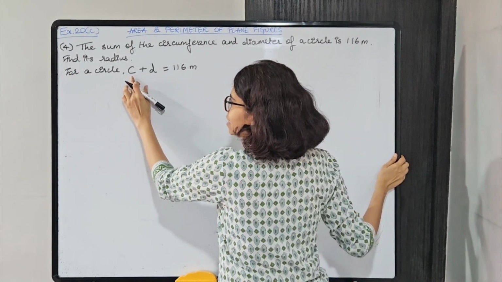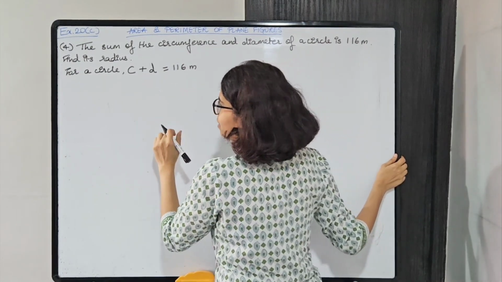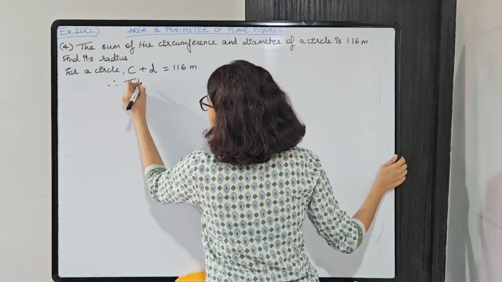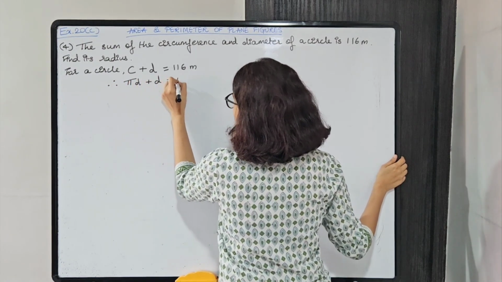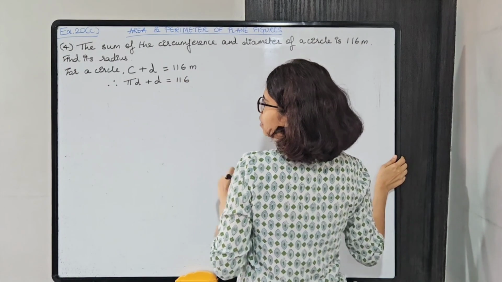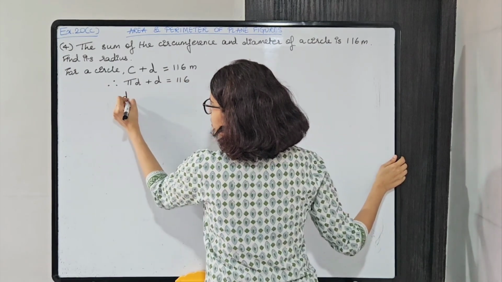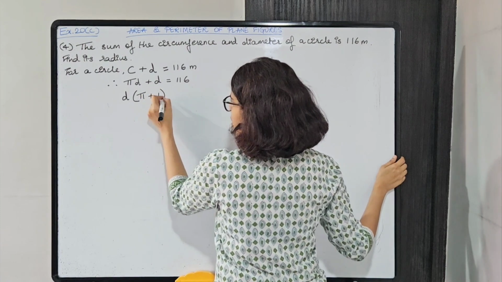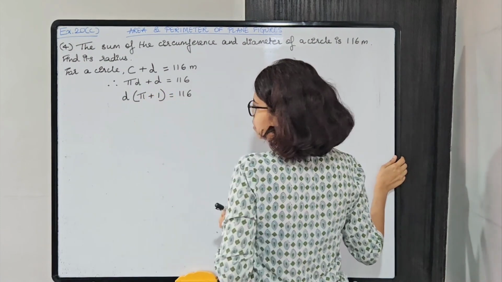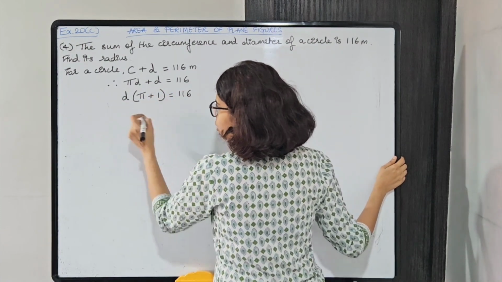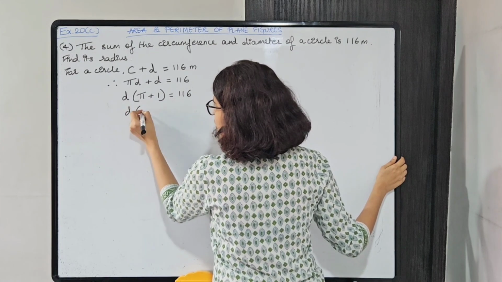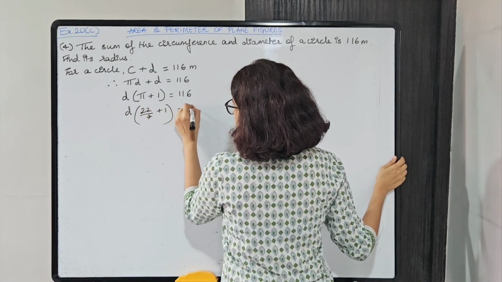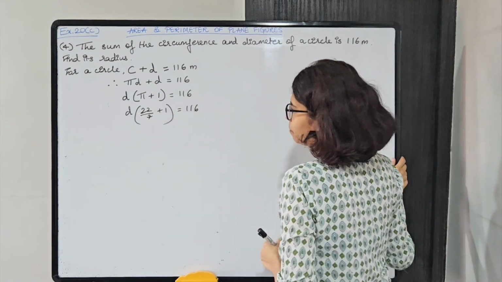So let's take circumference as pi d. So C is pi d. Pi d plus d is equal to 116. Taking d common, bracket में क्या बचेगा? d into pi plus 1 is equal to 116. Pi का वैल्यू पुट करते हैं. d into 22/7 plus 1 is 116.